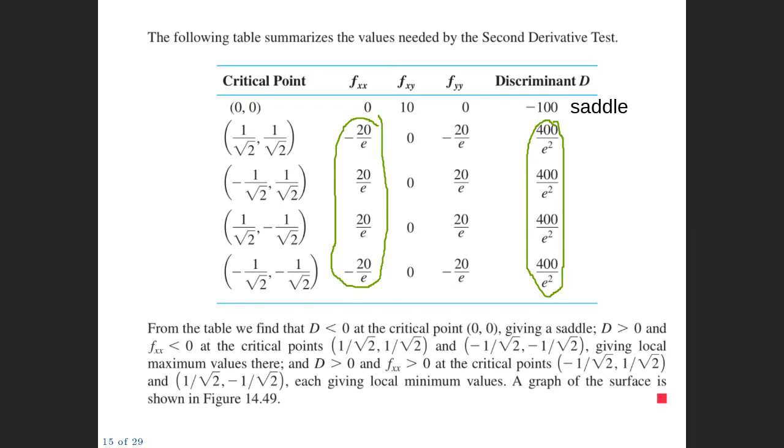If it's a negative number, we have a maximum. If it's a positive number, we have a minimum. The fourth one, positive number, minimum. And the last one, fxx is a negative number, so we must have a maximum.